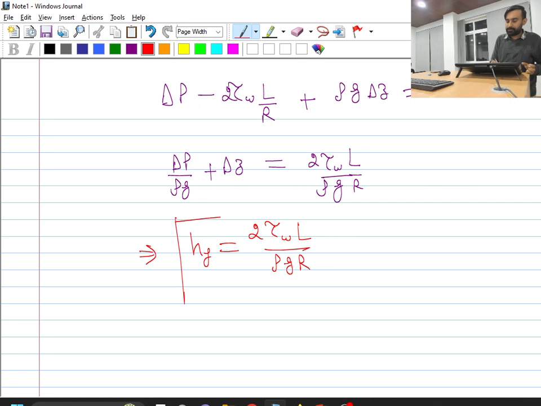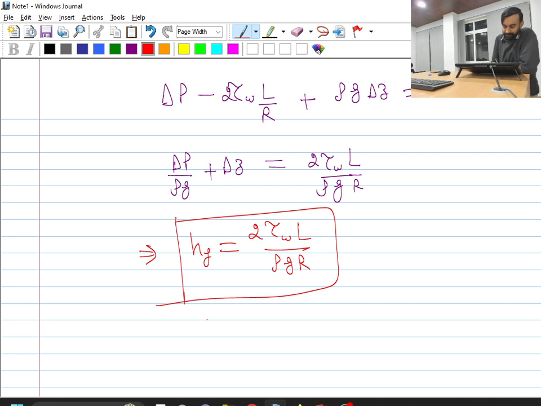Okay. So what is the important conclusion? The important conclusion is that for laminar flow conditions, head loss is nothing but proportional to length of the pipe. Okay.